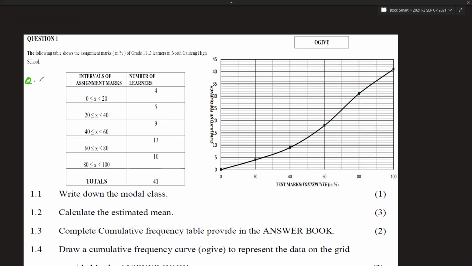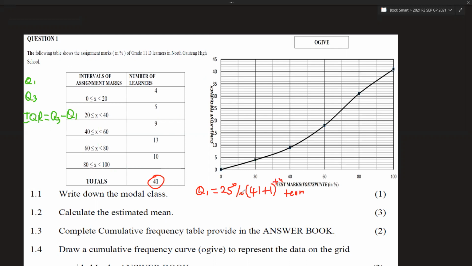Remember, I need Q1 and Q3 for the interquartile range, since IQR is the same as Q3 minus Q1. Awesome. So let's do Q1 quickly. Remember, Q1 is 25% of the data. So the total, which is 41, plus 1.